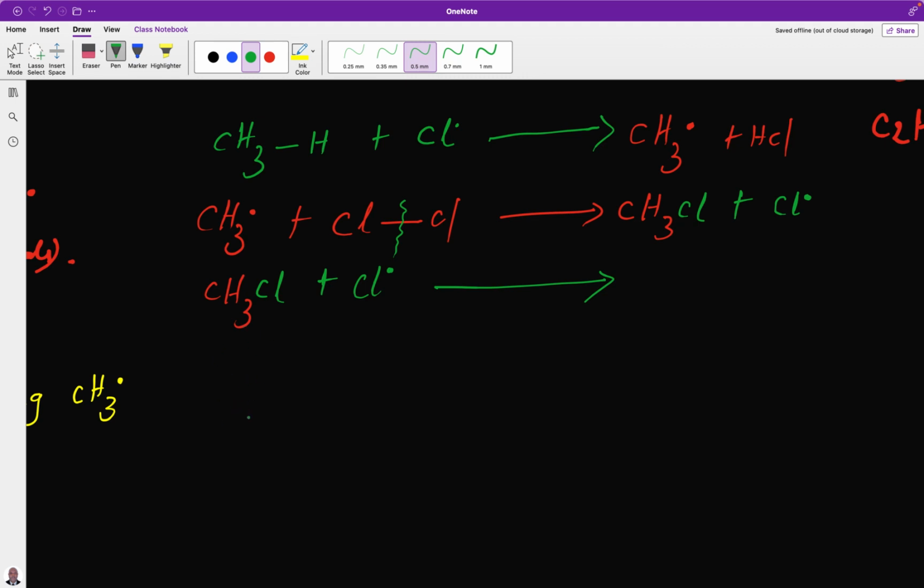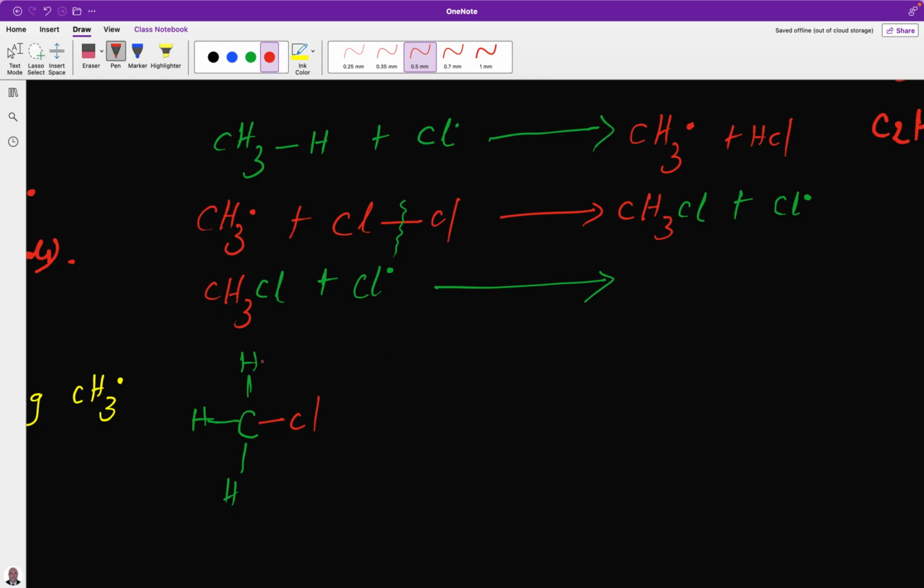There is carbon, there is hydrogen, there is hydrogen, there is hydrogen. And this is chlorine. This is the molecule here. We said it is a free radical substitution reaction of alkane. Now the hydrogen atom must be substituted by the chlorine.